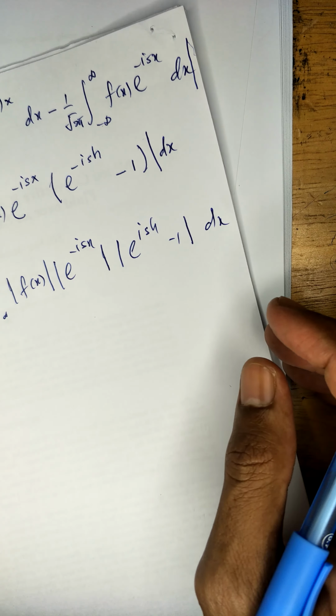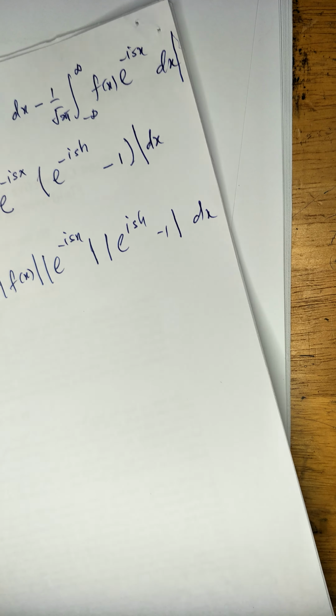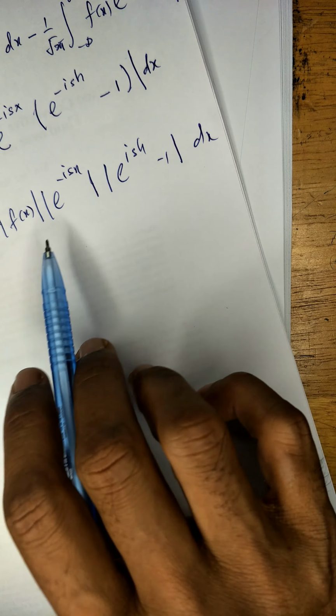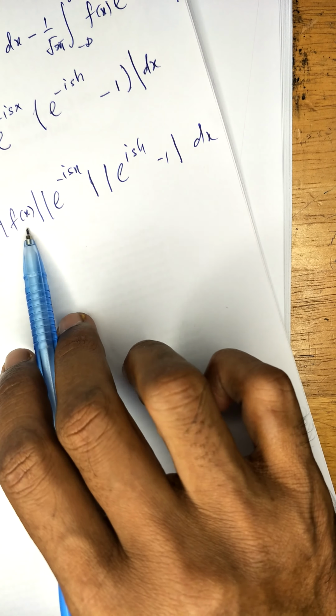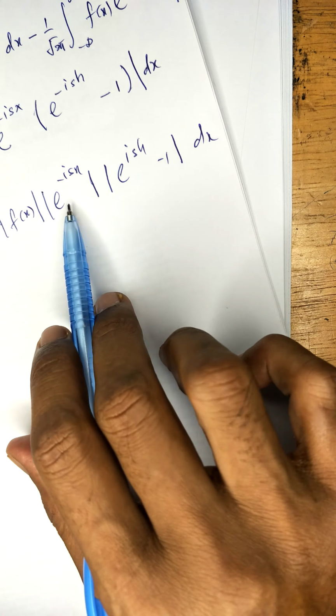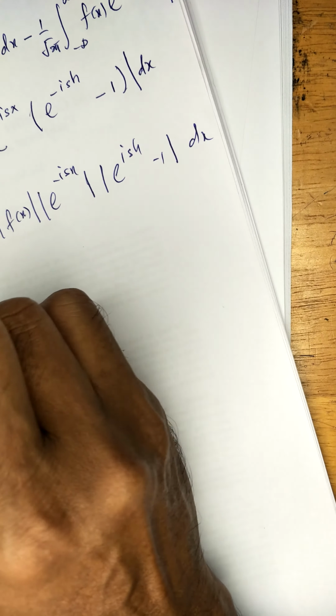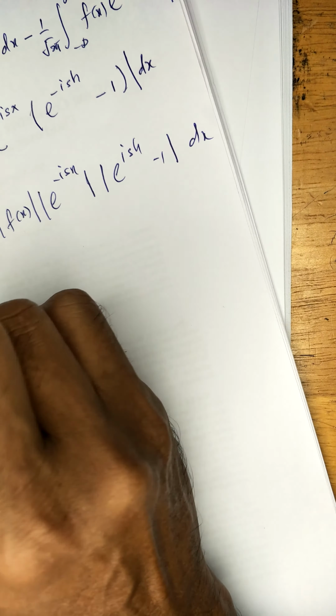Then we know that this is bounded. f is absolutely integrable, that part is bounded, so we can write this as root 2 over pi times some constant M. And for that part here, you can take the limit as h is small.